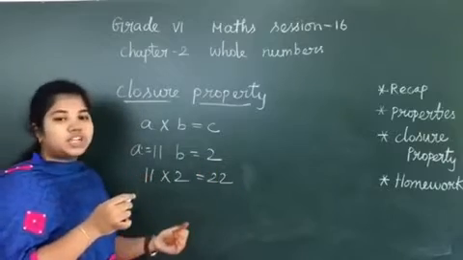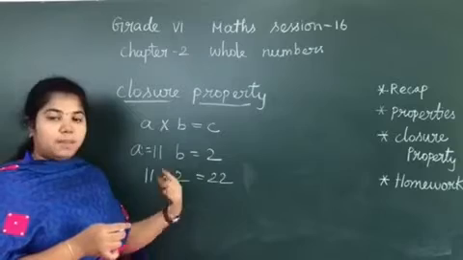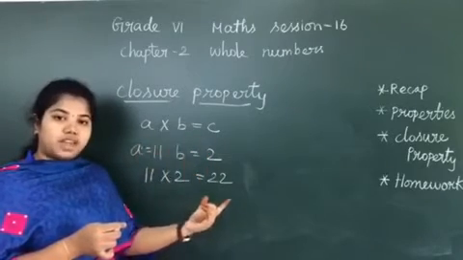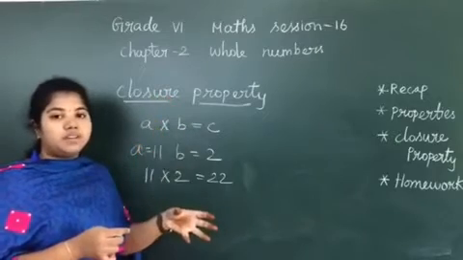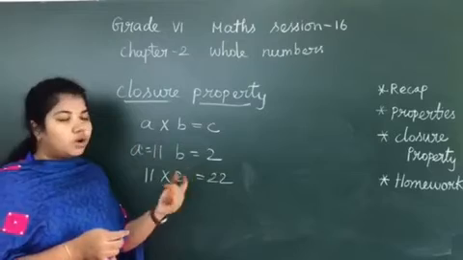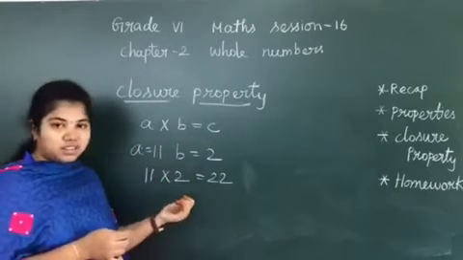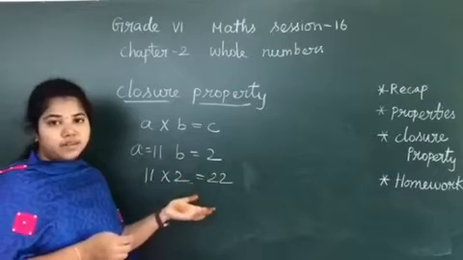Why in subtraction did I get a negative number? Because I changed the numbers. Bigger number first, smaller number second, it will be a positive number. If the smaller number is first and the bigger number is second, then you will get a negative number. Obviously, it will not satisfy the closure property, right? But here, wherever you interchange the numbers, you are not going to get any negative symbol.